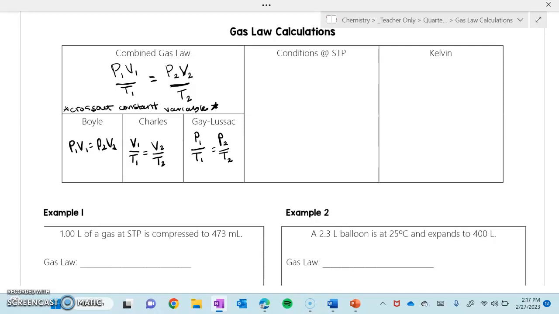So 2 more important pieces of information that we need when solving these. Sometimes it'll just say a gas at STP, like example 1 says that. It actually tells us a lot of information because STP, as we've talked about before, is standard temperature and pressure.